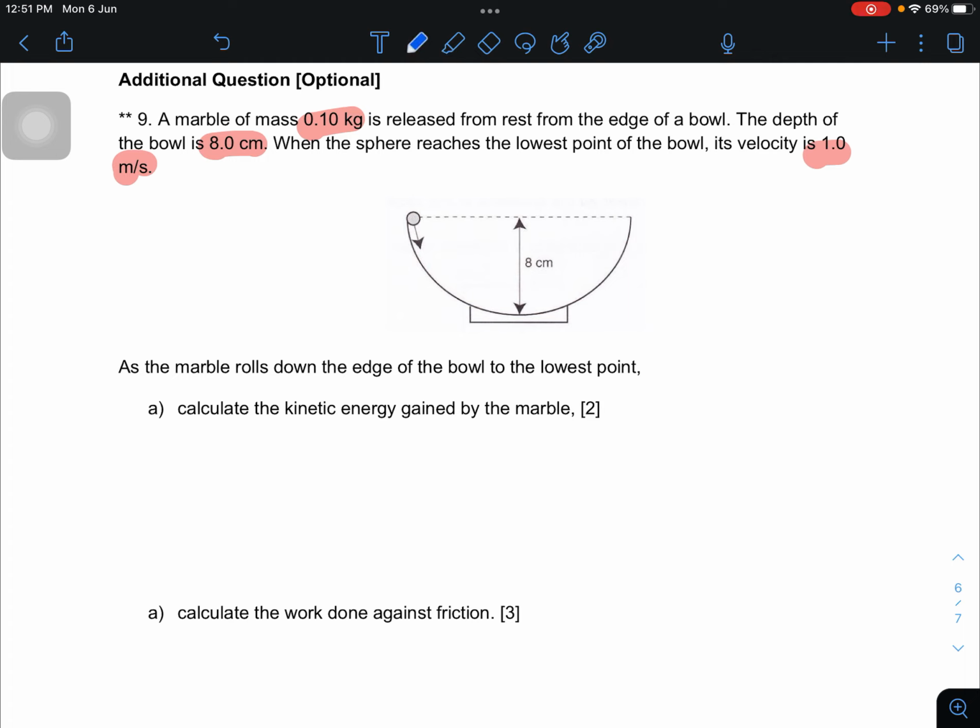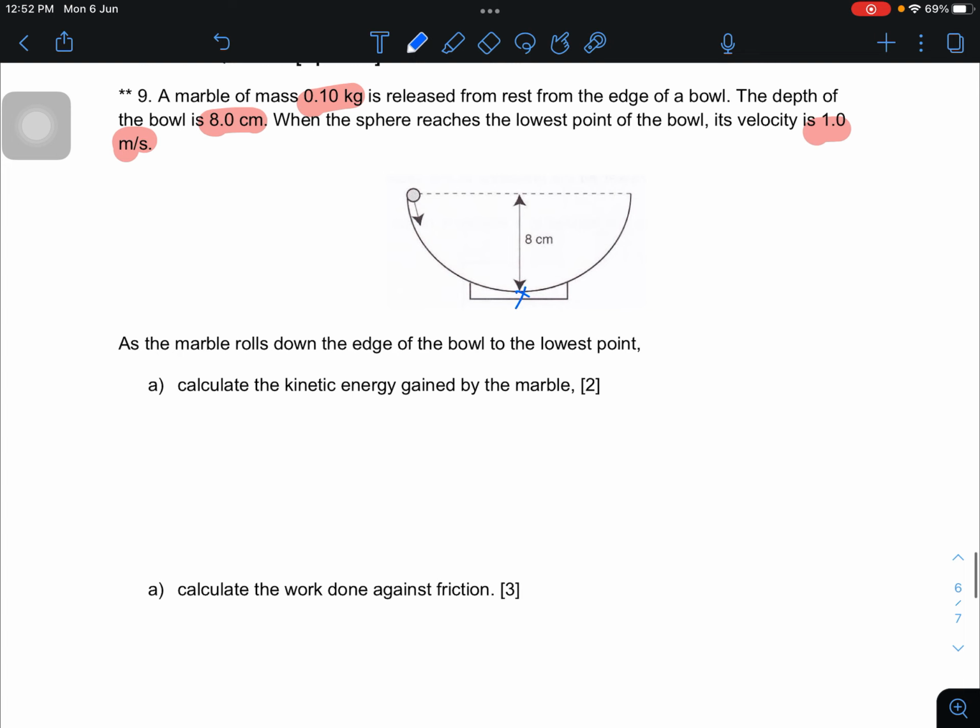So at the lowest point, the marble would have lost a lot of the GPE. There's a loss in GPE, and this loss in GPE, technically speaking, should be gained as KE, provided there is no friction. So as the marble rolls down the edge of the bowl to the lowest point, calculate the kinetic energy gained by the marble.